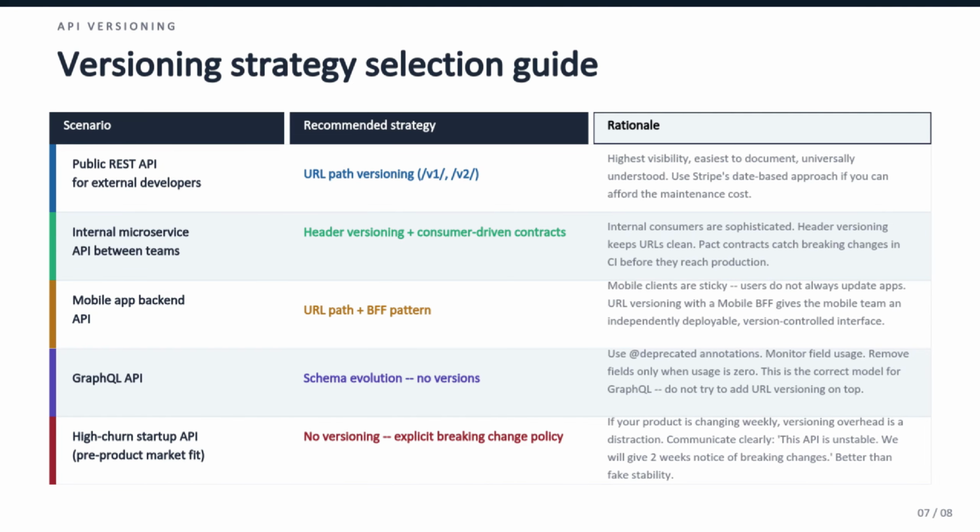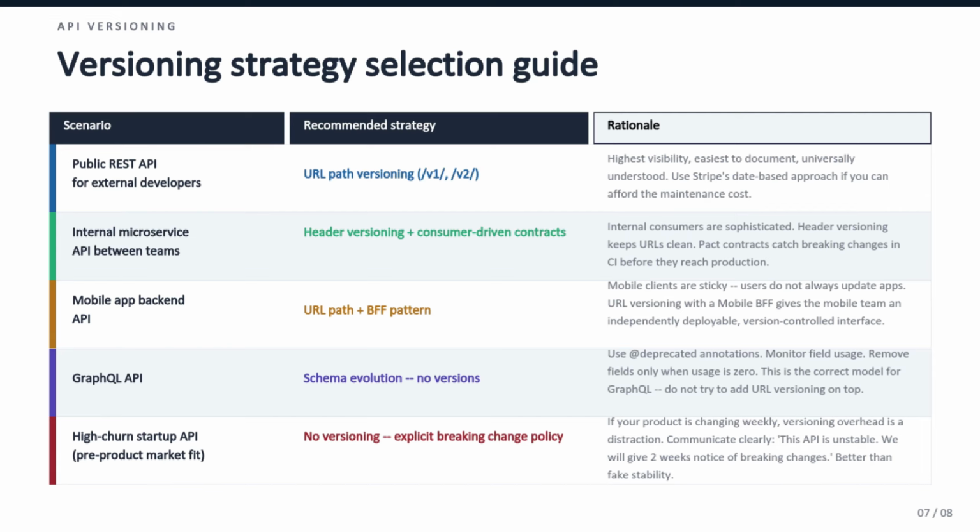So URLs like /v1/users or /v2/payments. Very straightforward. Every developer immediately understands what version they are using. It is easy to document, easy to debug, easy to test, and honestly, when thousands of external developers are integrating with your API, clarity matters a lot.